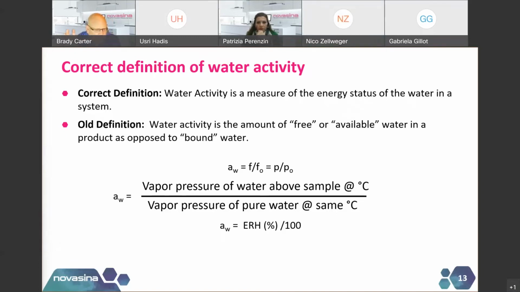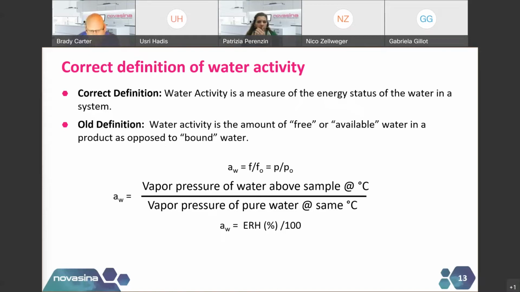And so to determine that, we compare the vapor pressure, or the pressure being exerted above a sample at a certain temperature, and we divide it by the vapor pressure that pure water would have at that same temperature. And if those two numbers are the same, then your value is 1. So the water activity of pure water is 1.